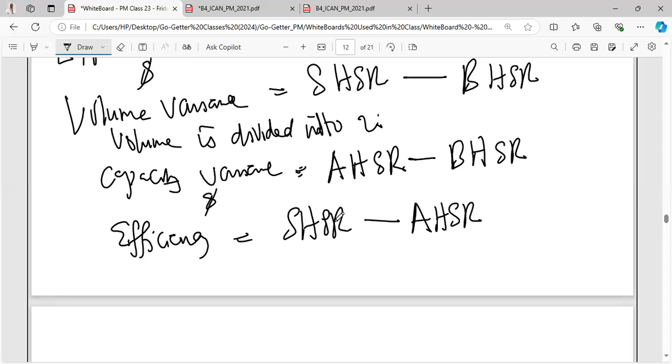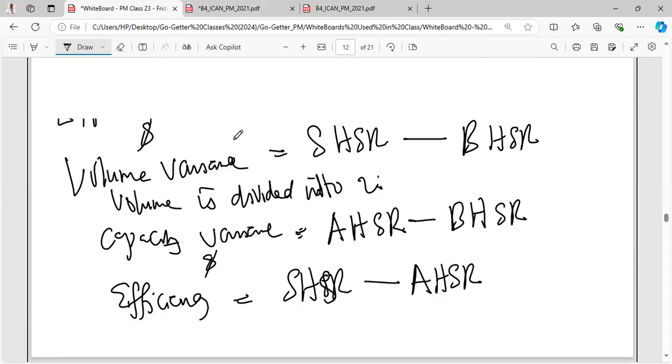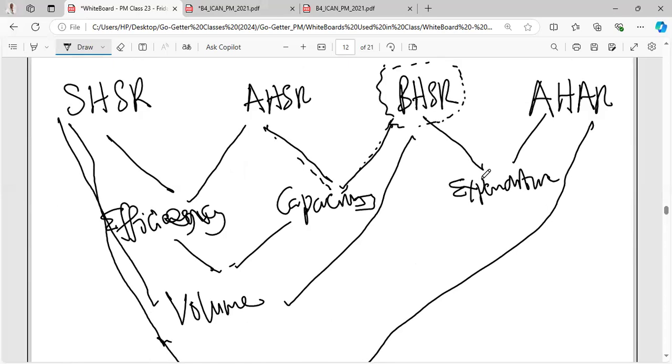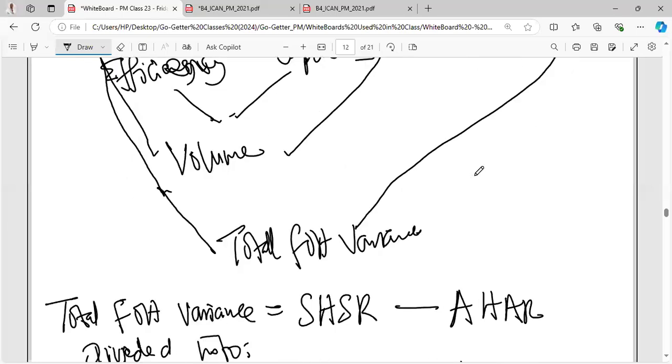So that's the formula. It will take you a while to remember this formula, but what I will tell you is try and get this diagram. Once you can get this diagram, you can reproduce the formulas from your head. Take a clean sheet of paper and practice deriving these formulas, starting from your direct cost of material to labor to variable overhead.